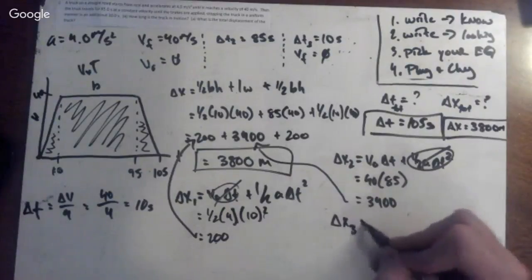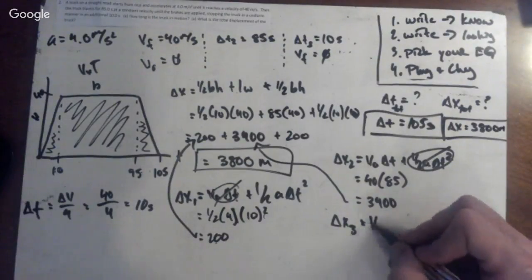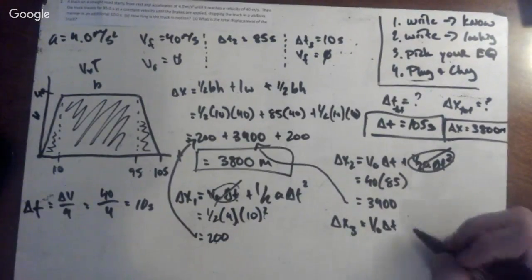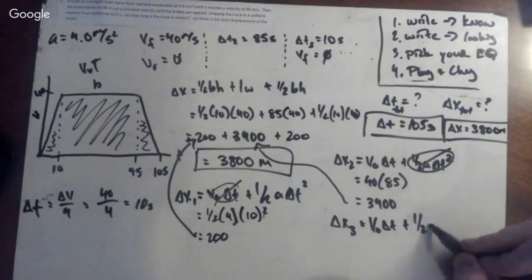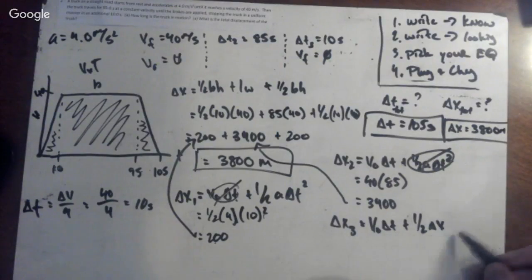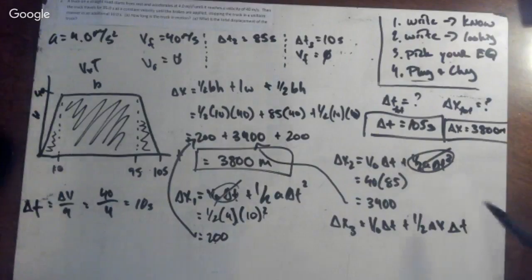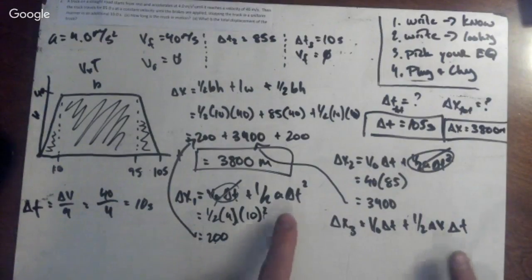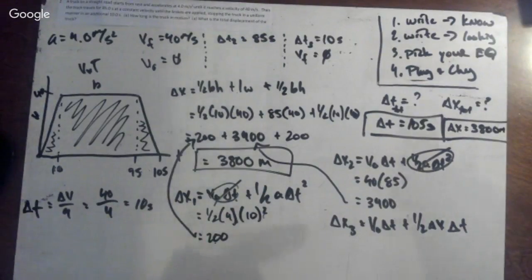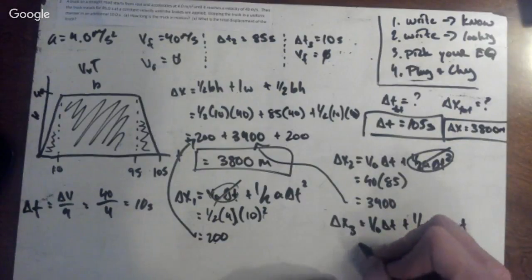And then last, delta x3, v0 delta t plus 1/2 delta v delta t. Again, remember, these two are the exact same. They're just slightly different forms, so don't get all trippy on me.